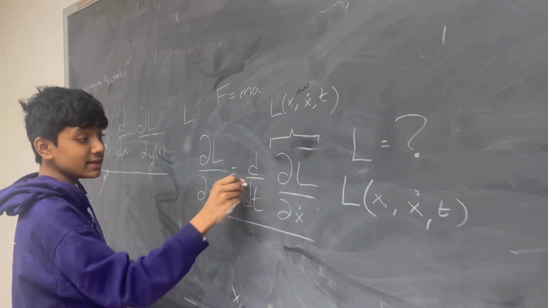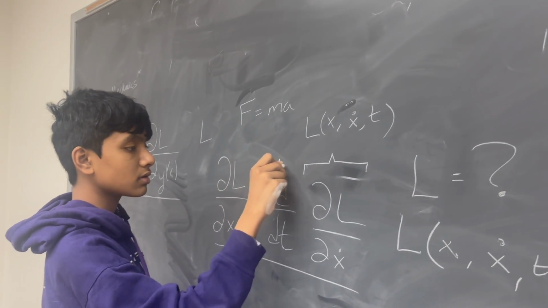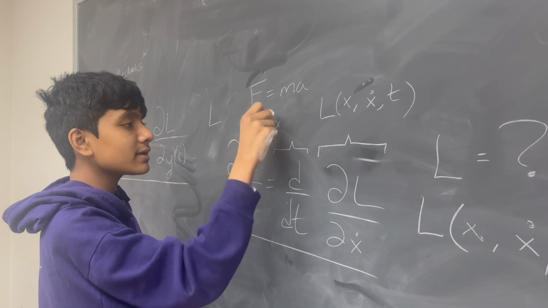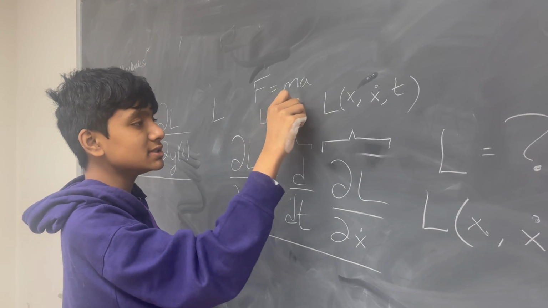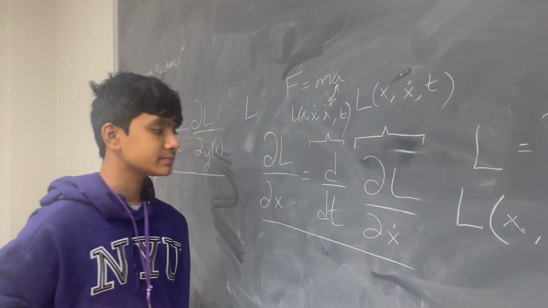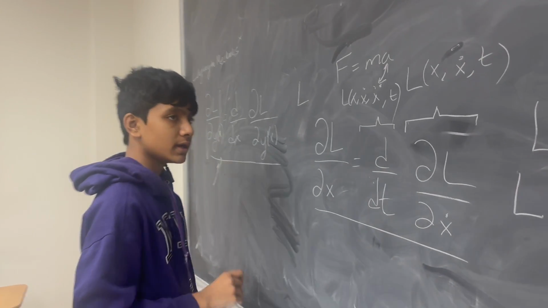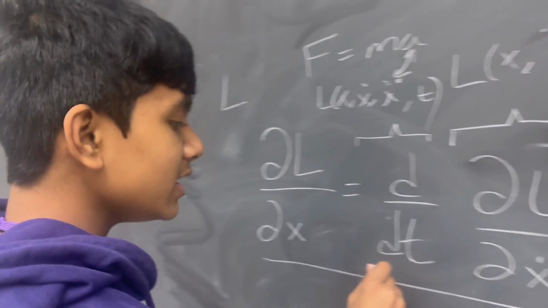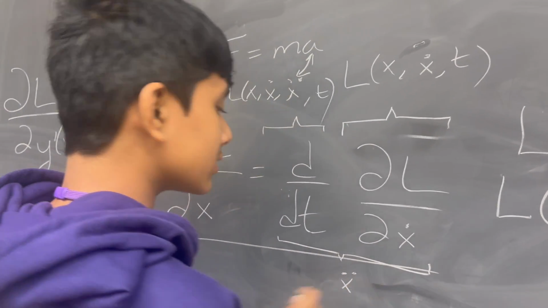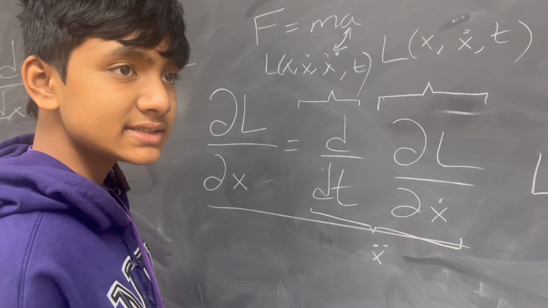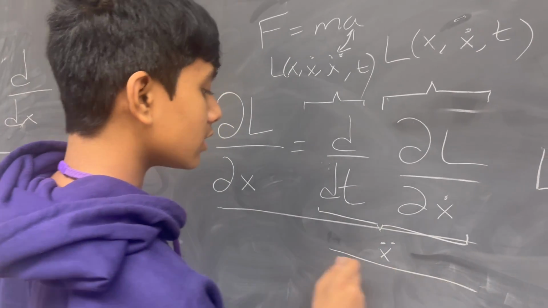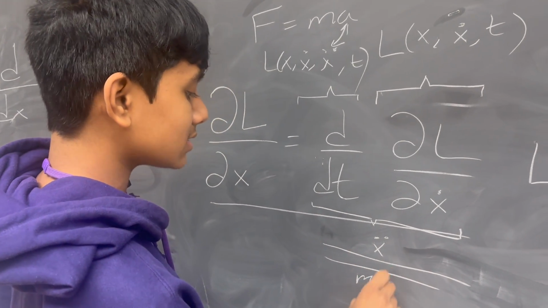But when we take this derivative, it will be a function of x dot and x double dot, which is analogous to acceleration, and of course t. And so that means that on this side we will get an x double dot term, which is acceleration, which means that we have to put in all our effort to making sure whatever is on this side is m x double dot.